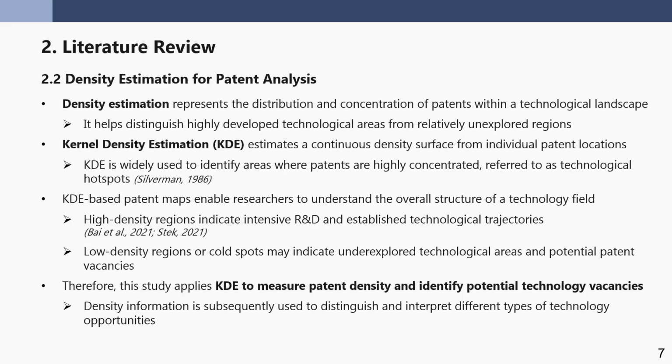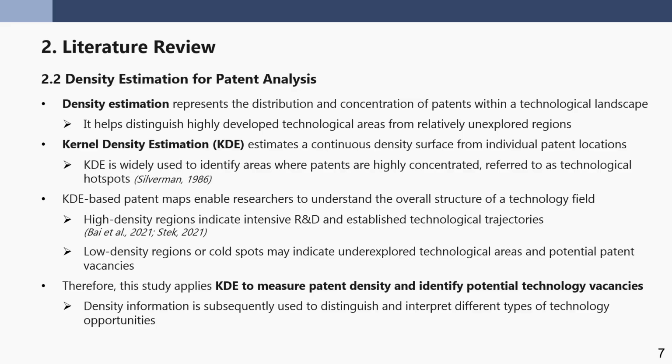Here is the literature on density estimation for patent analysis. Density estimation represents how patents are distributed and concentrated across a technological landscape. In particular, kernel density estimation, or KDE, is used to identify high-density technological hotspots.